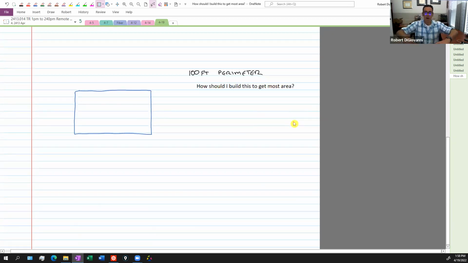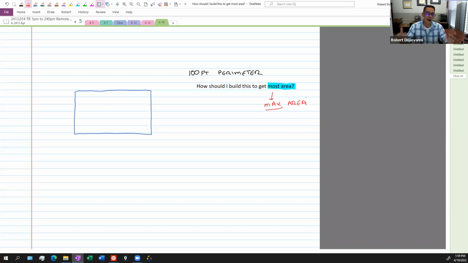So does everyone understand the problem? Got 100 feet of fence. We want to get the most area. Want to get the what? The maximum area, right? Do we know how to find maximums of things? Yes. We can find maximums of functions.